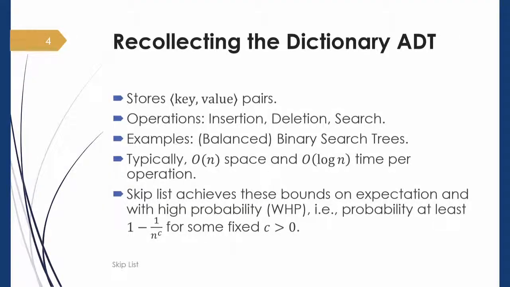Before we proceed, you may wonder what is the need for a randomized data structure that provides the same bounds asymptotically, except that it is in expectation or with high probability. So, a natural question would be, what is interesting about skip lists?